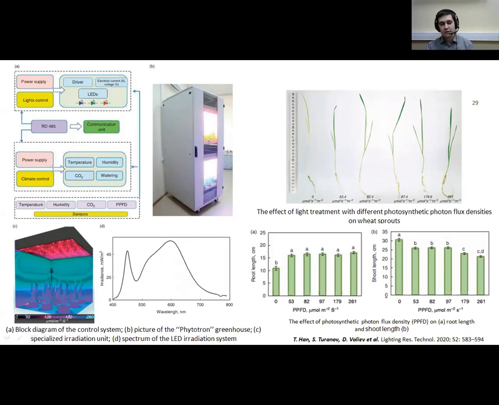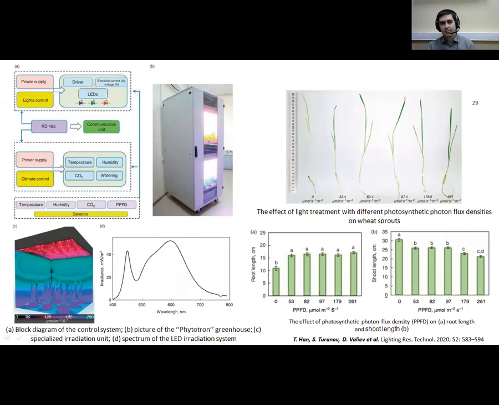The photoperiod of our experiments was fixed and consisted of 16 hours. The adjustment of irradiation modes was carried out by changing the current in the LEDs, I mean the electrical current.